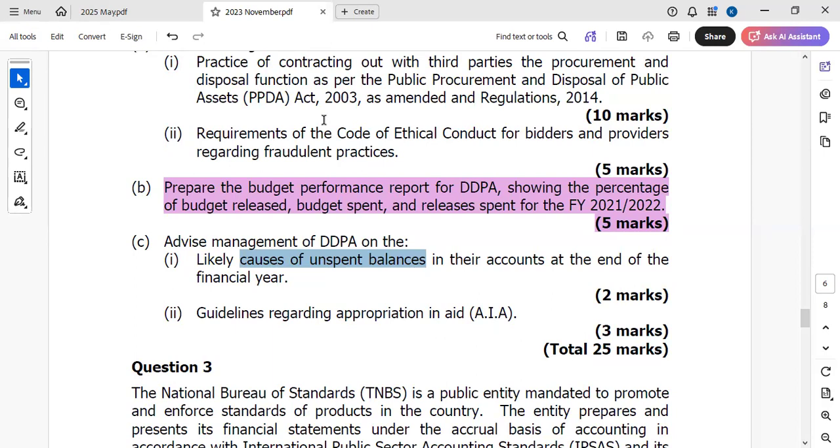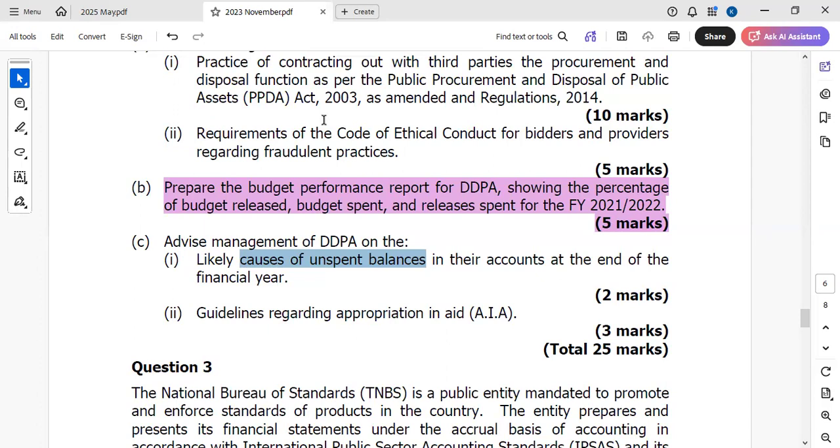Others, you find that it could be issues from the procurement. There is a delayed process. And you realize that by the end of the financial year, probably we ordered, but the supplier has not yet delivered, and maybe we are paying at the time the supplier delivers. So you may find that you did the order, but you have not yet spent the money.